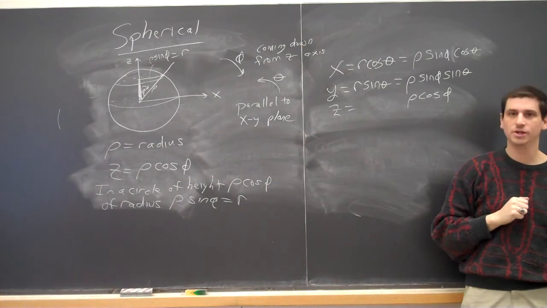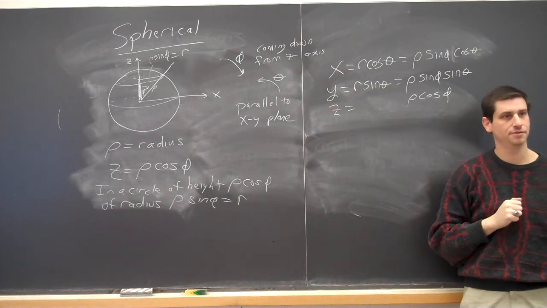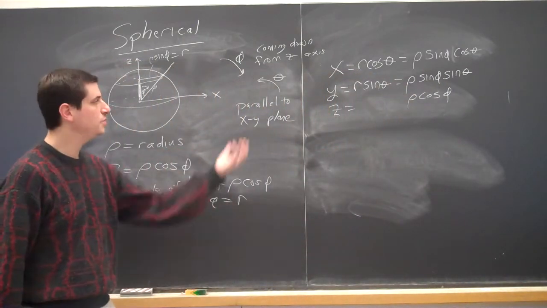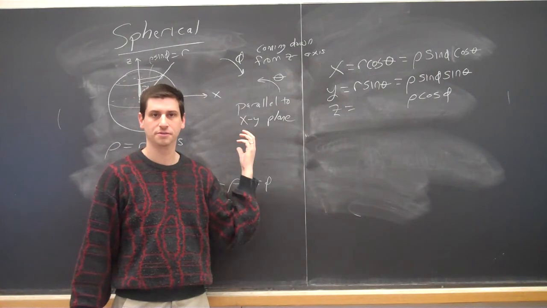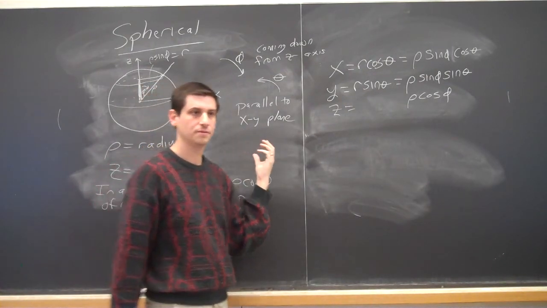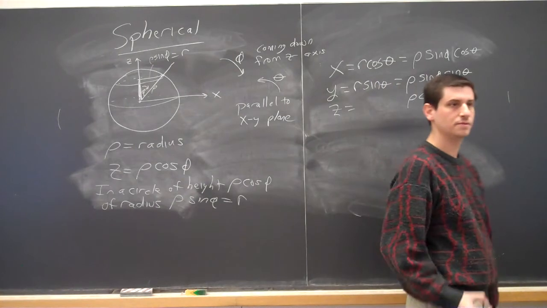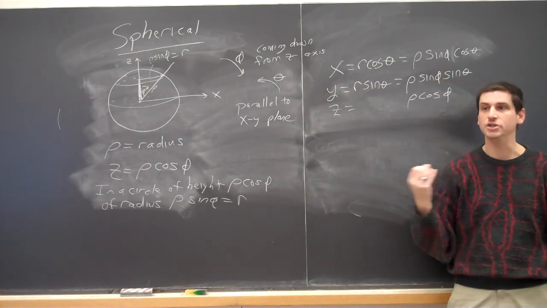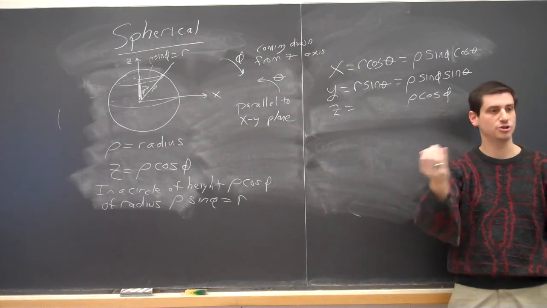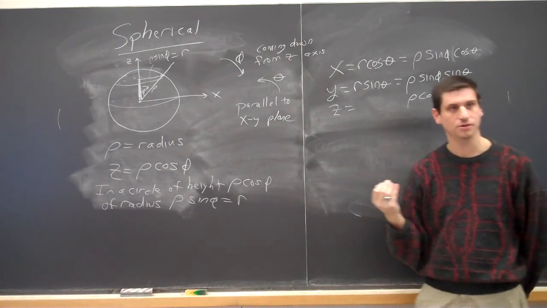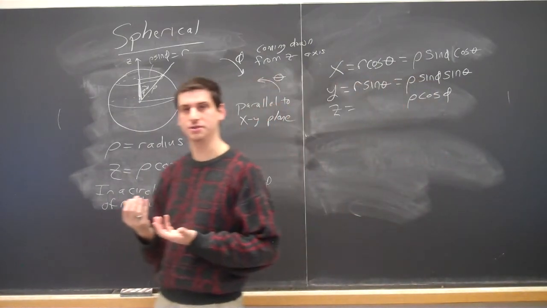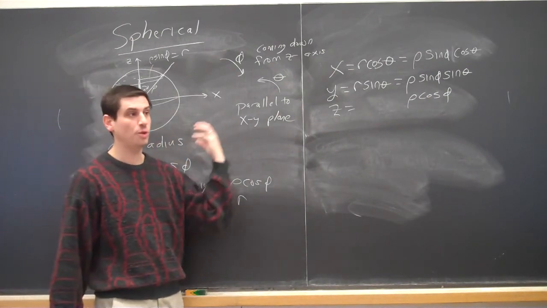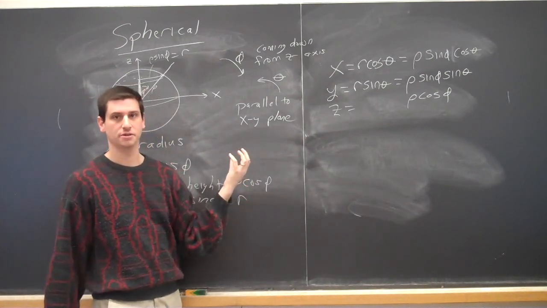What should be true about x, y, and z because it's a point on the sphere? So a circle of radius r is all points r units from the center. What do you think a sphere of radius rho is? A sphere of radius rho is all points that are rho units from the center.